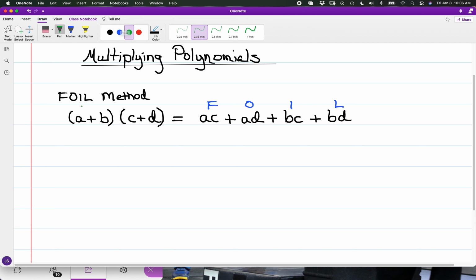And there is another approach or another layout, and you have probably seen this in the form of what is commonly referred to as the box method, and this is what's referred to as the geometric FOIL approach.